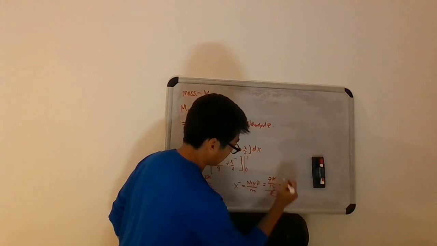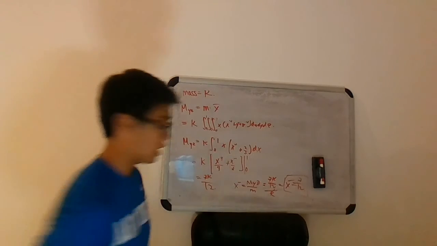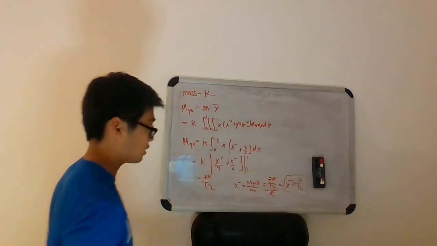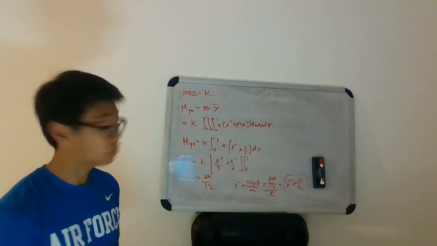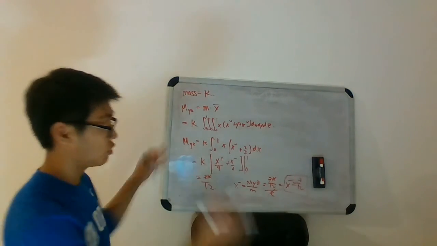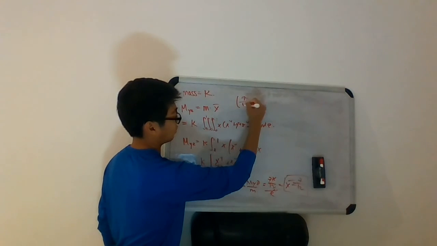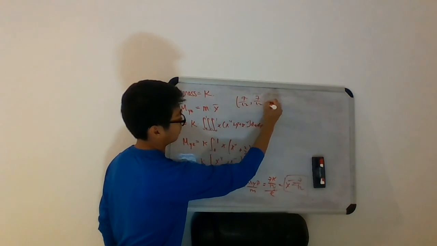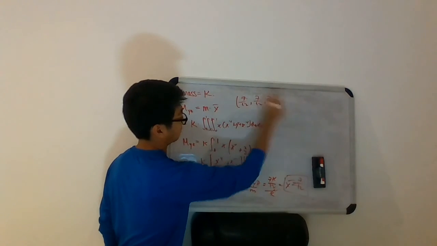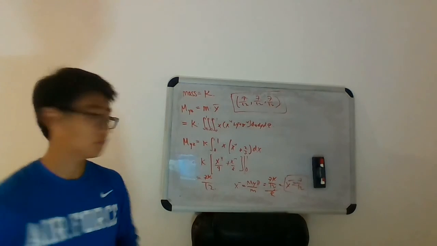And so the k's cancel out, and so we know that x bar equals 7 over 12. And that is the center of mass of the x value within the unit cube. So then we know that the center of mass for the entire unit cube can be written as 7 over 12, comma 7 over 12, comma 7 over 12. And so that is the center of mass for the unit cube.